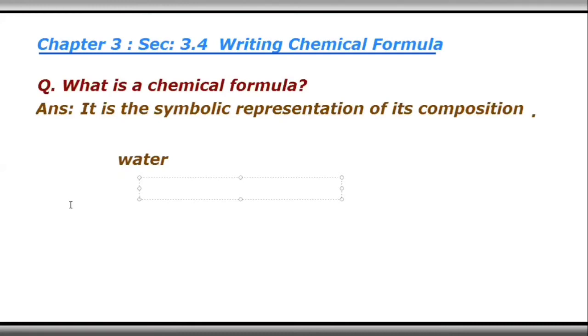The symbol of hydrogen is H, and the symbol of oxygen is O. So when we write the chemical formula for water, we have to use these two symbols. Likewise, there are many other compounds, and for writing their chemical formulas also, we have to use the symbols of the constituent elements.